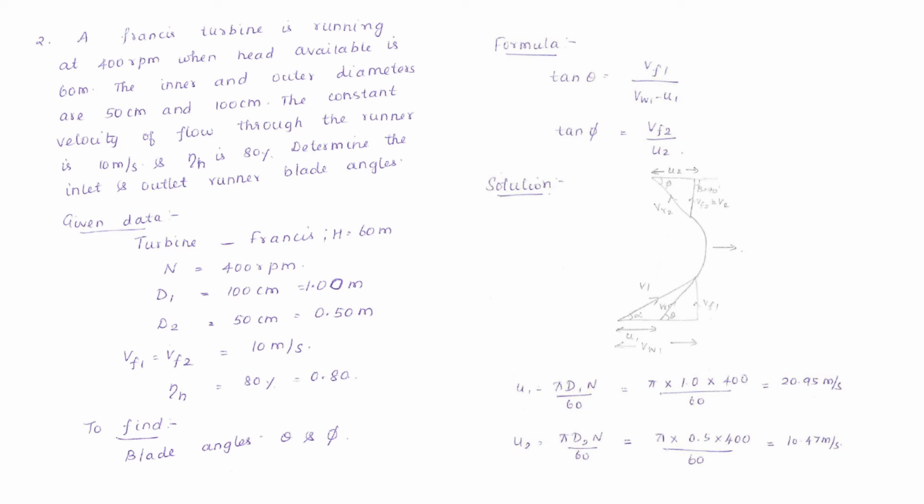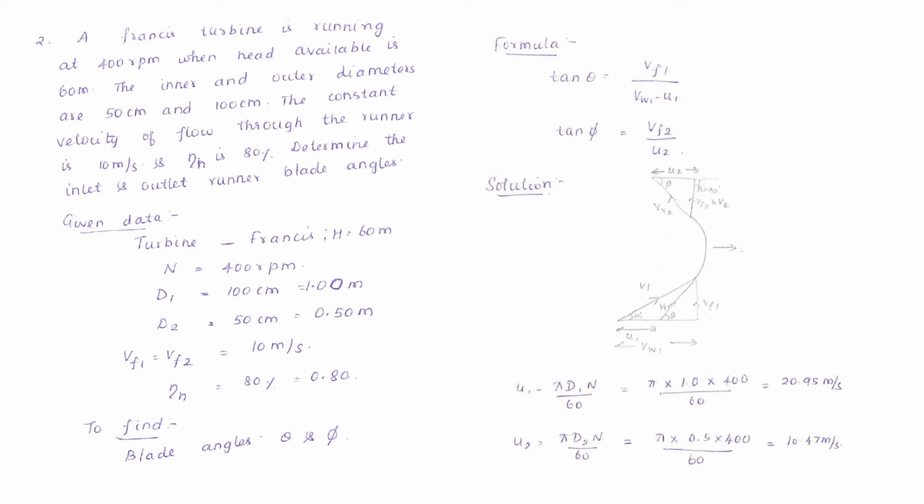The velocity is striking the vane at an angle of alpha. v1's horizontal component is vw1, v1's vertical component is vf1. So as v1 is striking the vane and the vane is also moving, we'll get the relative velocity vr1, and it is making an angle of phi. So this is the inlet velocity triangle.